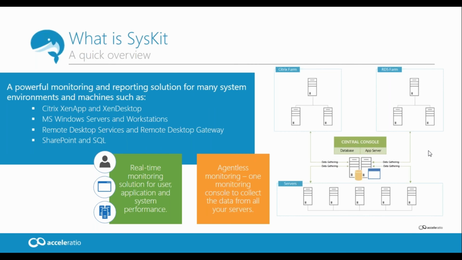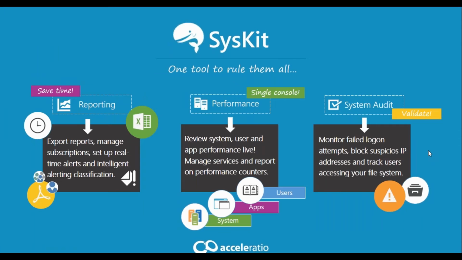All you need is a browser and internet access. All of the SysKit reports can easily be exported to Excel or PDF format for better presentation to your end users. You can also set up real-time alerts and intelligent alerting on SysKit, meaning that SysKit will notify you whenever something unusual happens on your server and you should really know about it.